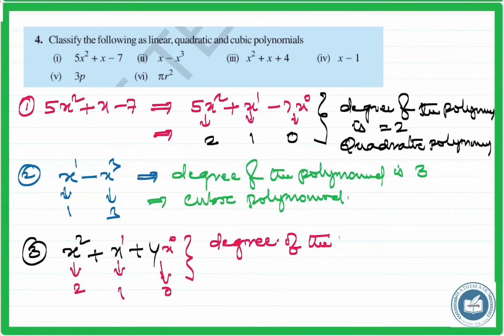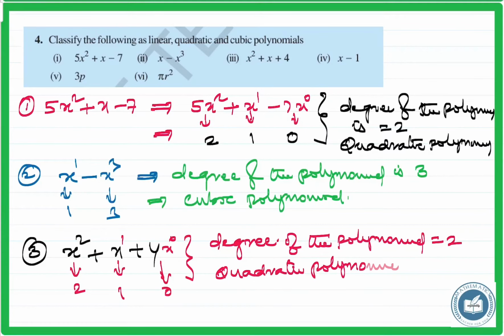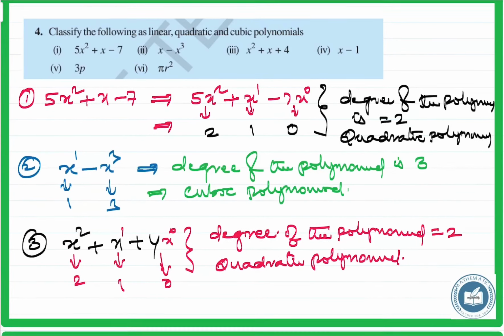So the degree of the polynomial is equal to 2. When the degree of the polynomial is 2, this one is called a quadratic polynomial.